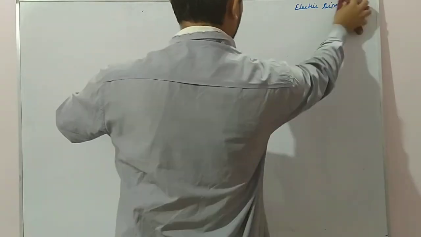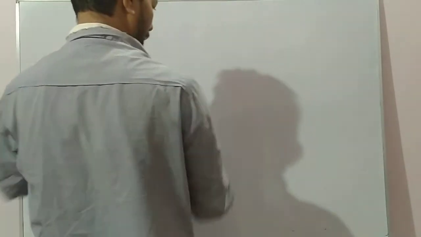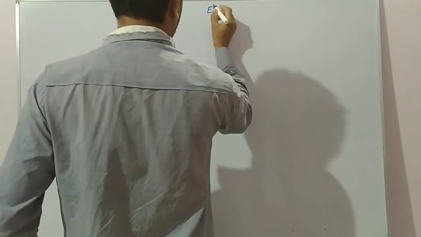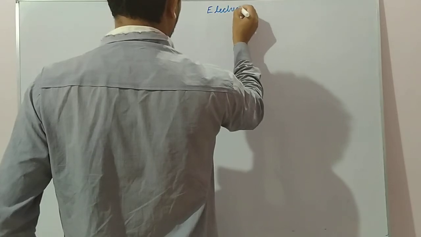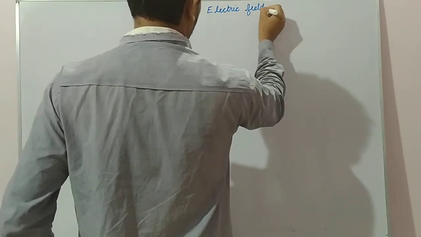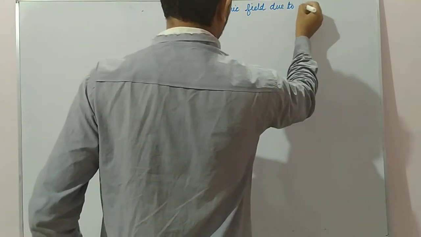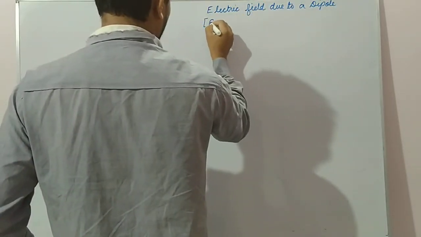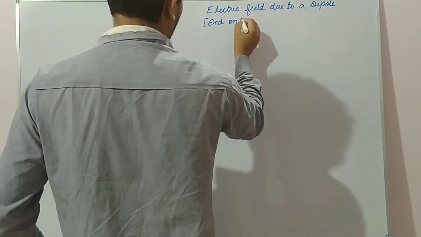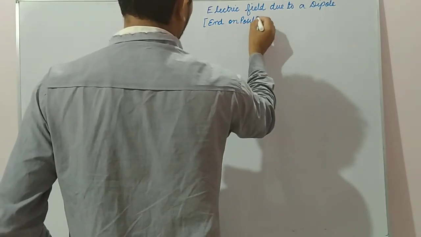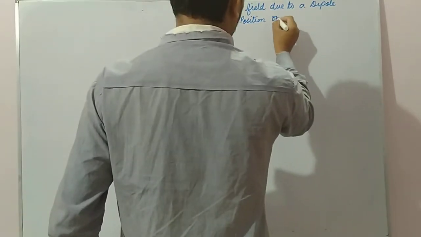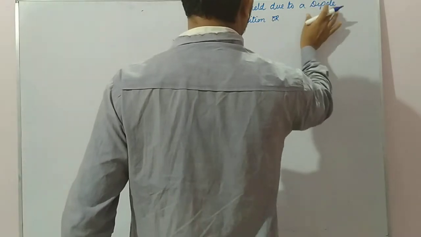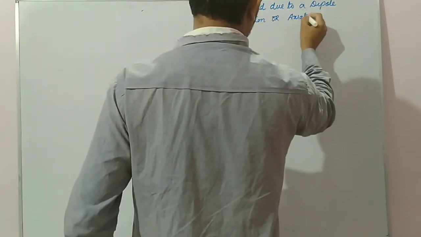Now see here, electric field due to a dipole, in brackets we can write end-on position, or along the axis, or axial position.